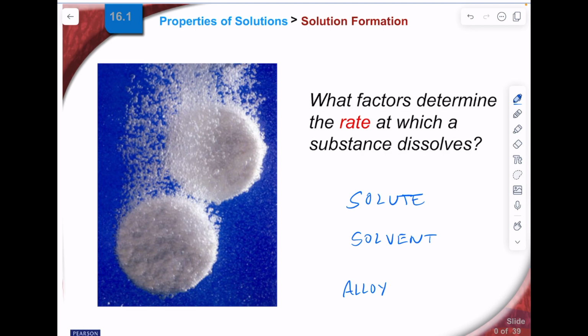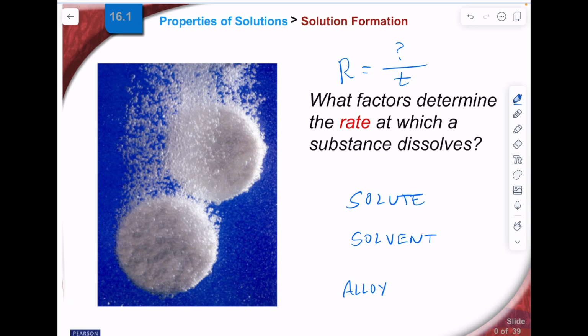Now, what factors affect the rate, the speed at which a substance is going to dissolve? If you remember anything about rates from physics, a rate is something divided by time. Velocity, for example, would be distance divided by time. Acceleration would be velocity divided by time.